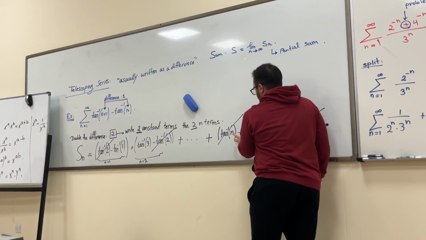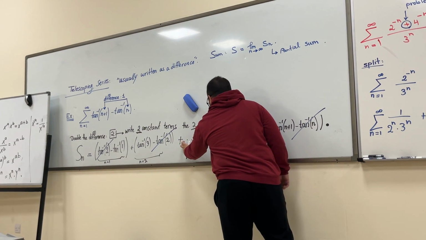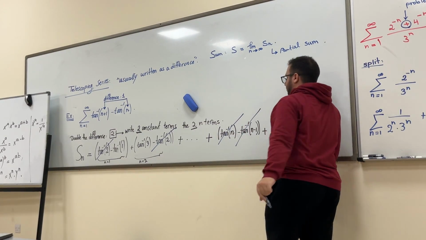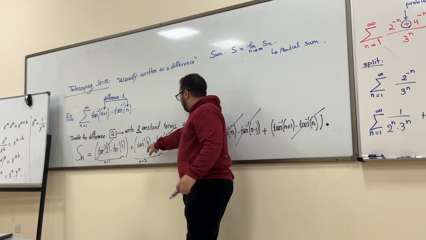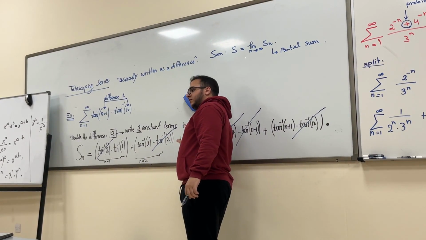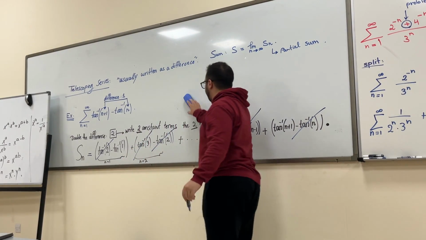But let me tell you, if you go back one step, wouldn't you get tan inverse of n minus 1 minus tan inverse of n minus 2 here? So this cancels. And then the next term, tan inverse of 4 minus tan inverse of 3, cancels. So who survived in the end?